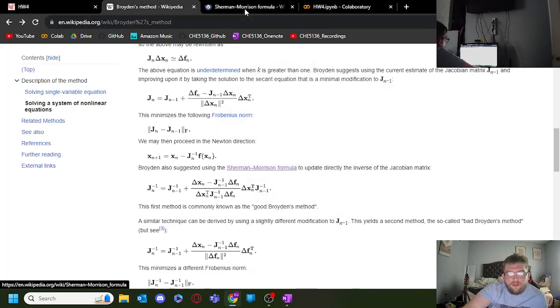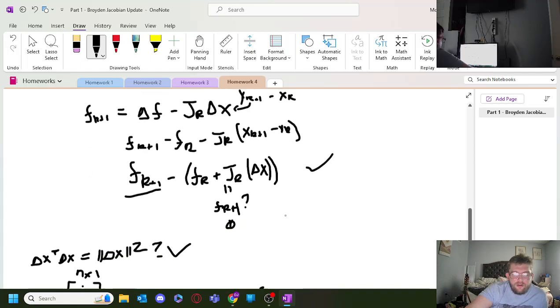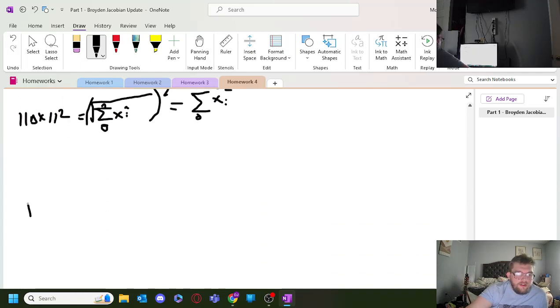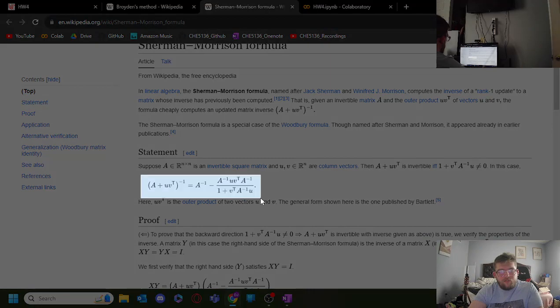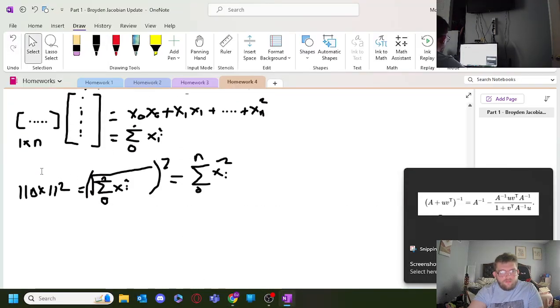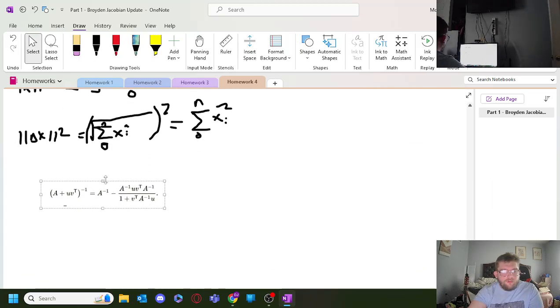So let me open a new tab. The Sherman-Morrison formula says this. So let me just snip that and bring that down here.